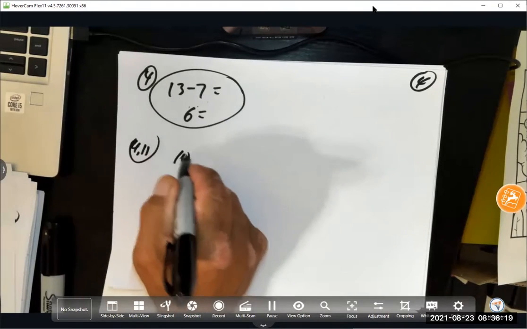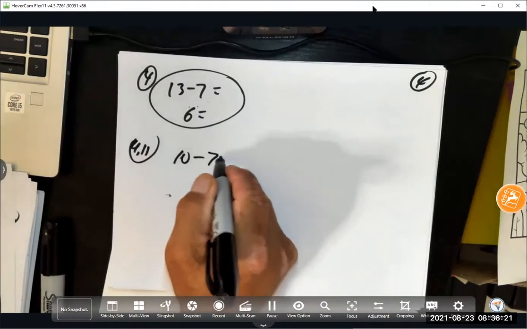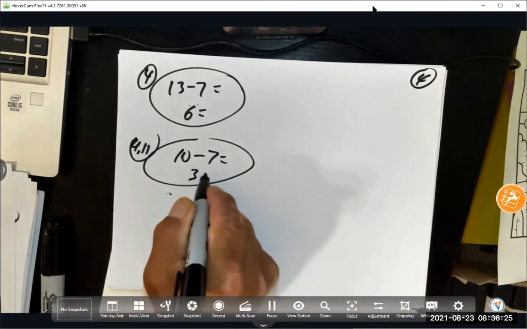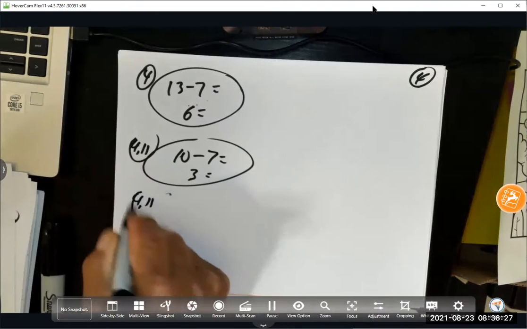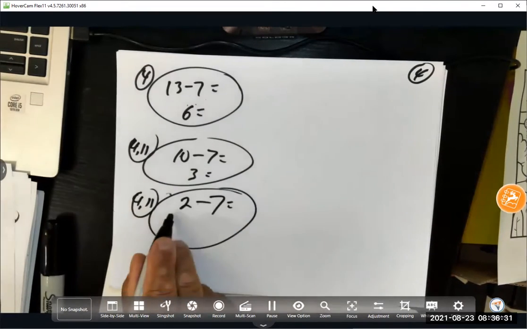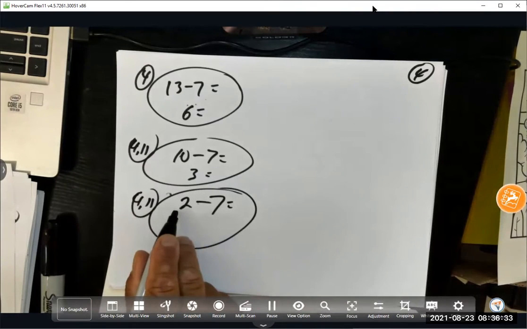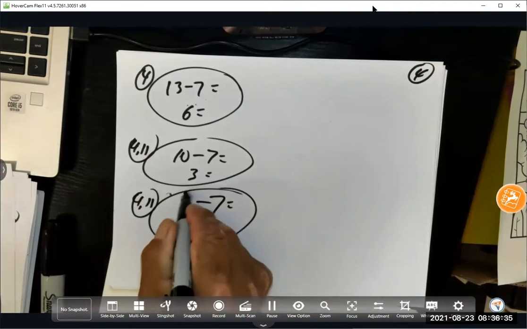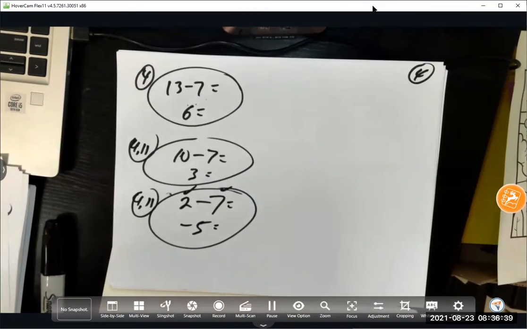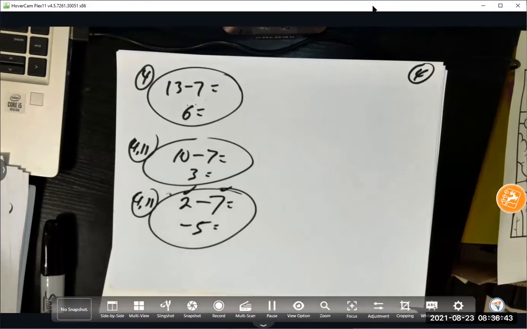If I say 10 minus 7, again, the positive is bigger, so it's going to be just a regular 3. Now, if I do the other way, if I go 2 minus 7, so if I give you $2 and I say, give me $7 back, you're minus $5. Does that make sense? I'm gonna say yes, you have those skills, okay?